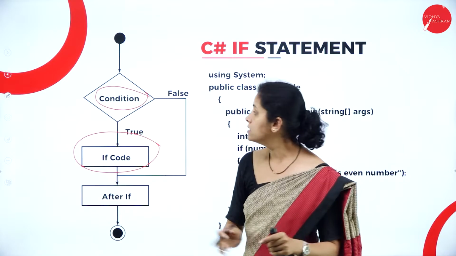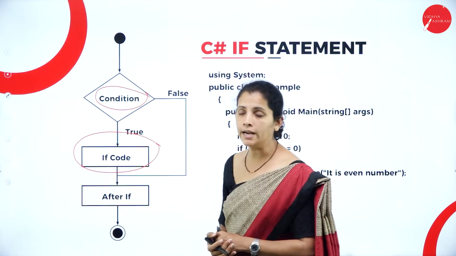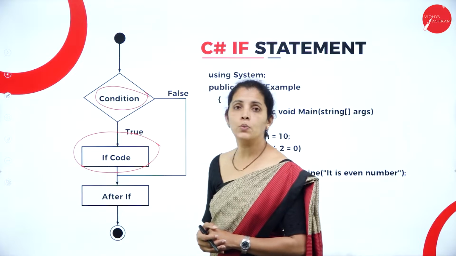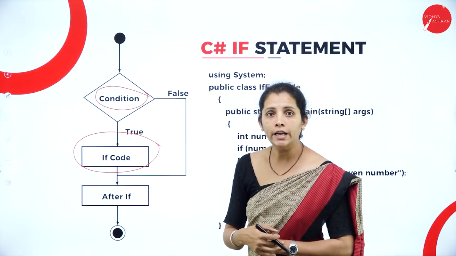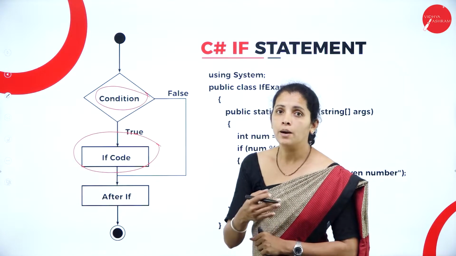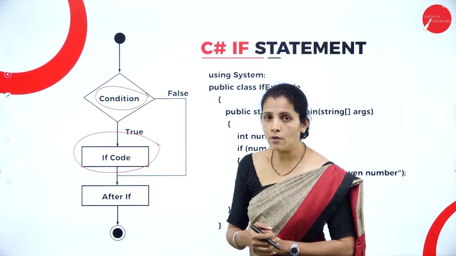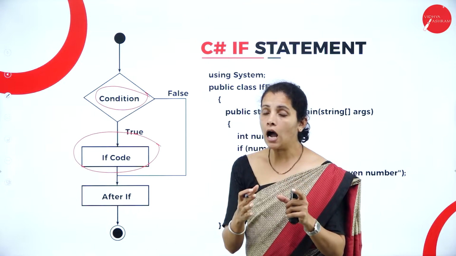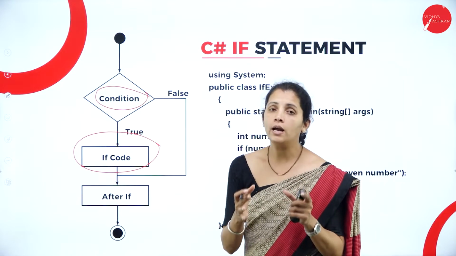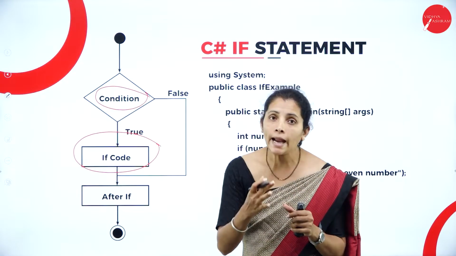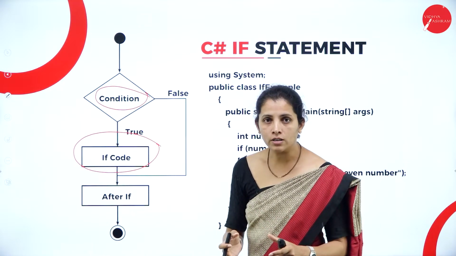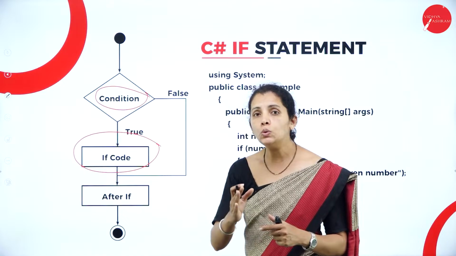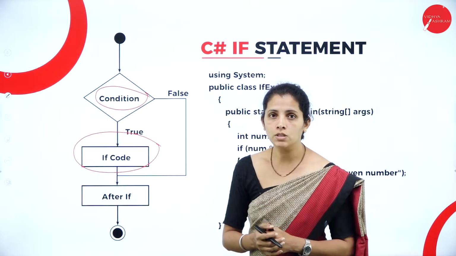I repeat, think that I'm a student and I'm going to visit Vidhyaashram College to get admitted into first year computer science. Now, if the openings are available, I'm going to get admitted into computer science. If not, I'm going to choose some other courses.